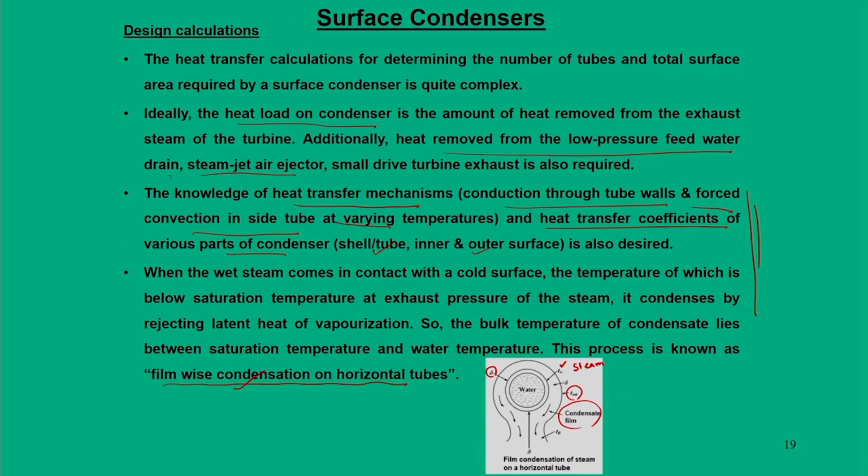So, considering all these things together, we can say that heat transfer mechanisms in a condenser are quite complex, but what we have presented here is a very simple way, so that numerical problems can be attempted.